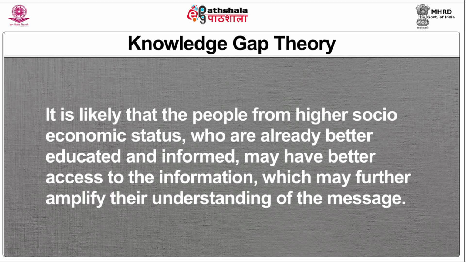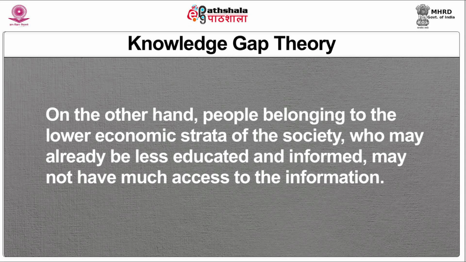It is likely that the people from higher socio-economic status, who are already better educated and informed, may have better access to the information, which may further amplify their understanding of the message.